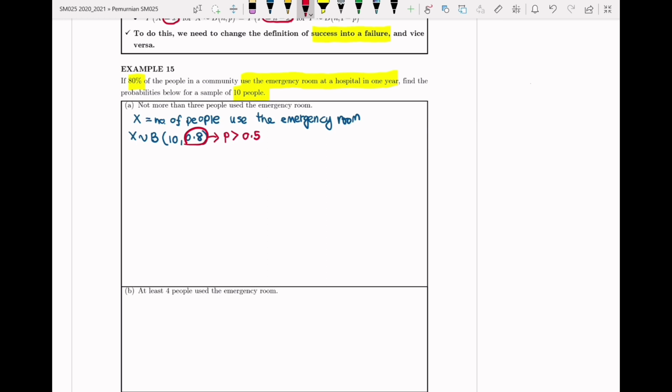So we need to change to Y. Y is the opposite of X. If X is the number of people who use the emergency room, then Y is the number of people who did not use the emergency room.